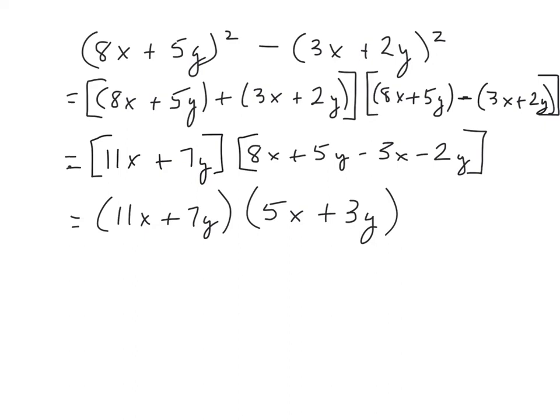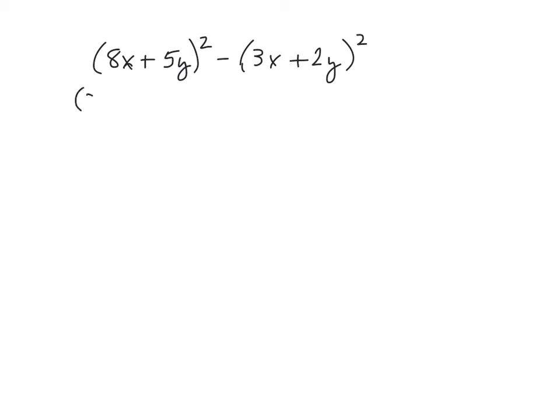Starting a new page, (8x + 5y) squared minus (3x + 2y) squared. So another way to simplify this would be to first square out the parentheses.